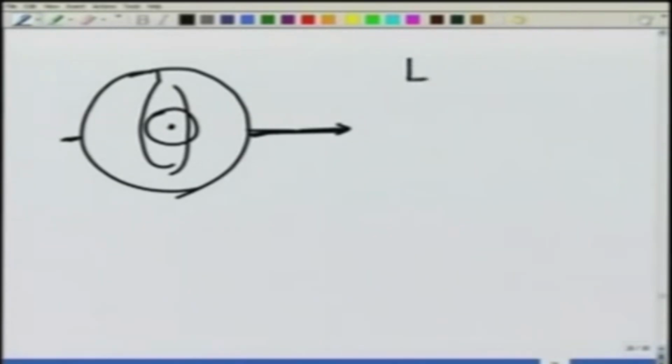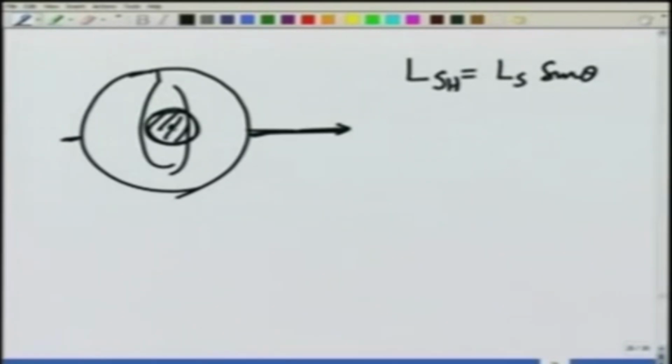If this angular momentum is Ls, that is the angular momentum of the inner wheel, this wheel spin is Ls, its horizontal component coming out of the screen is going to be Ls sin theta, Ls horizontal.